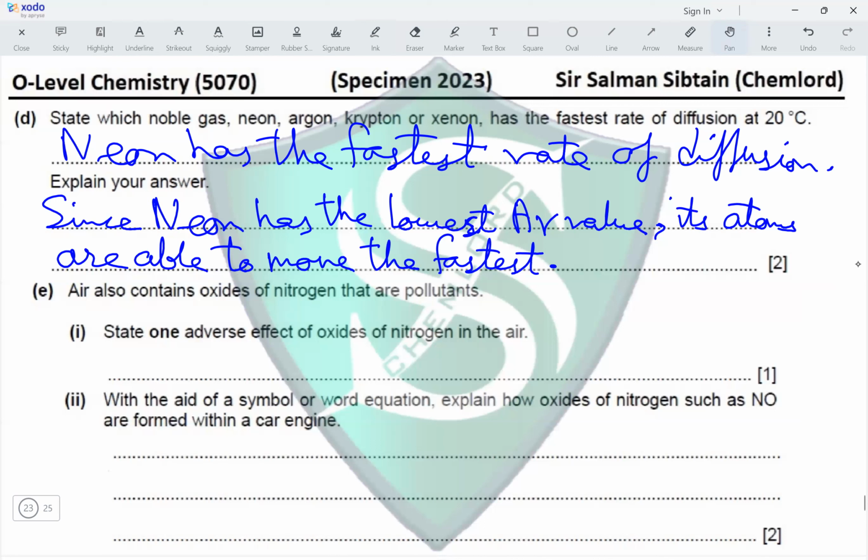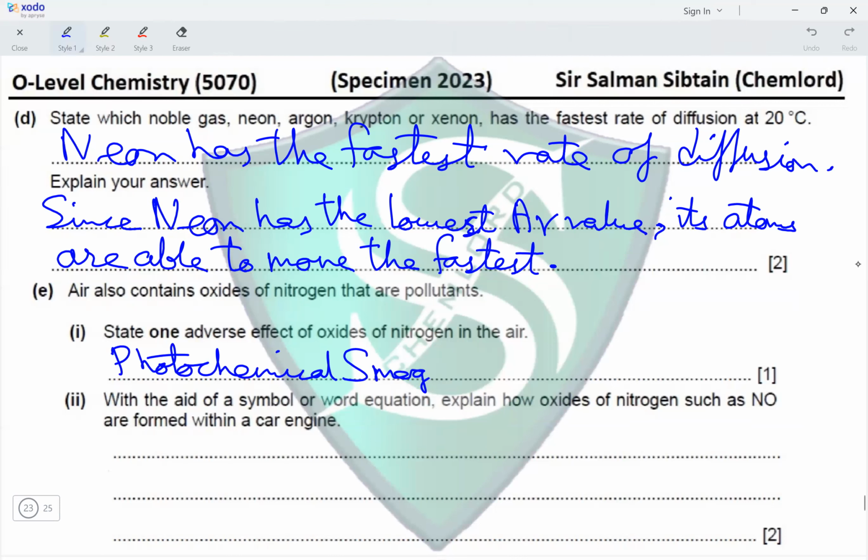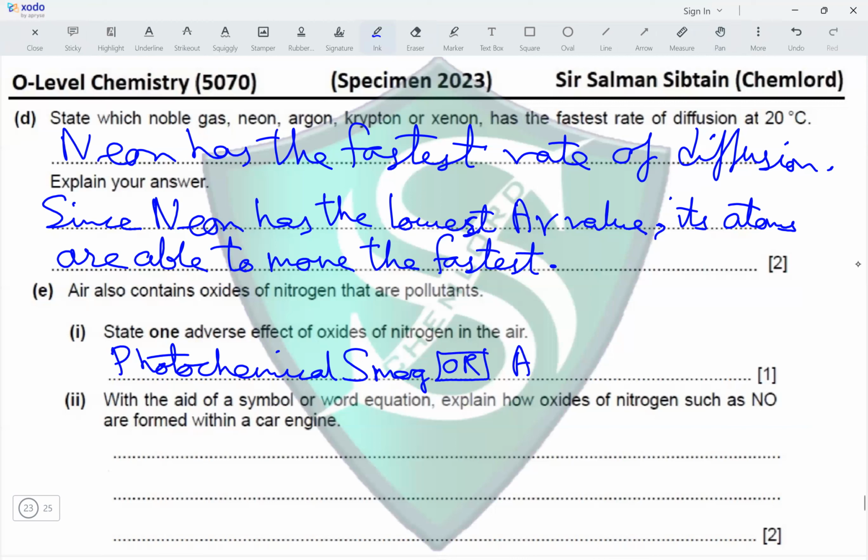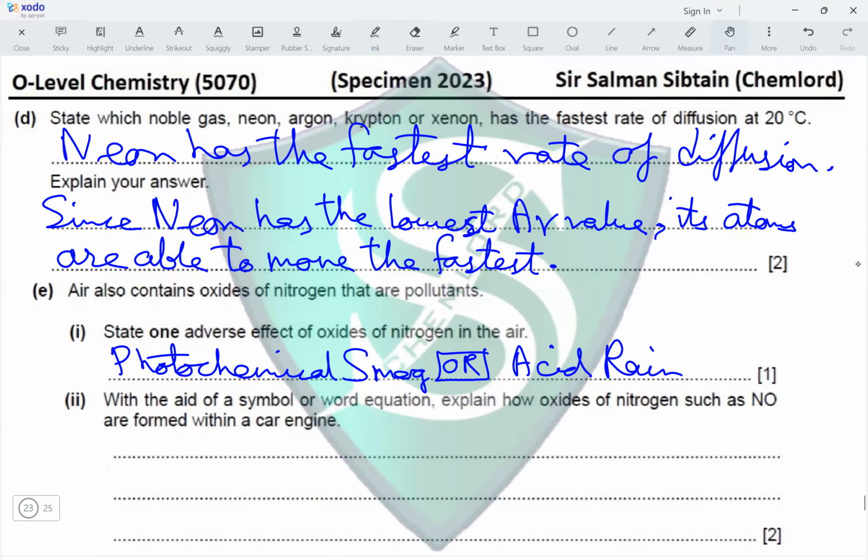So, the first adverse effect is called photochemical smog, and the second one is called acid rain. So these are the two adverse effects that oxides of nitrogen cause in the atmosphere.